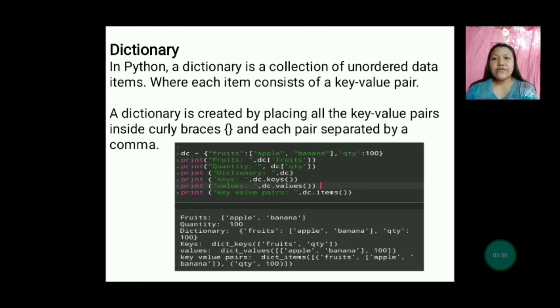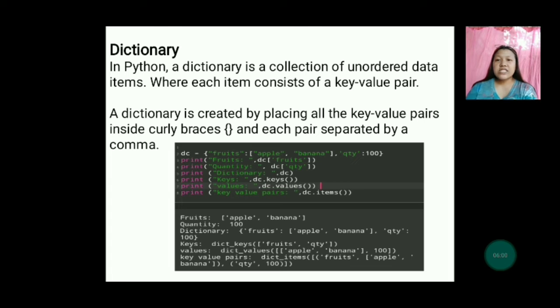DC equals fruits, apple, banana, quantity 100. Print fruits, DC fruits, print quantity, DC, print dictionary, DC, print keys, DC keys, print key value pairs, these items. So the result is fruits, apple, banana, quantity is 100.